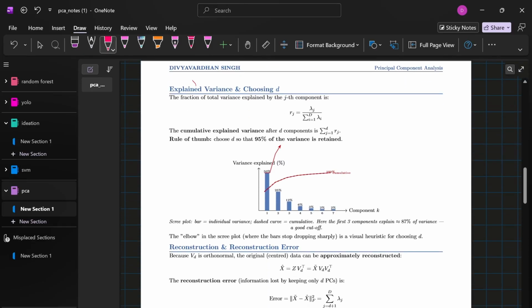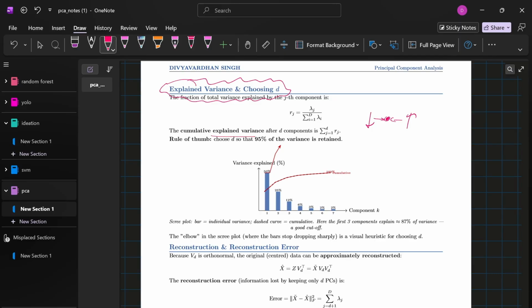Okay, so here we're going to see how PCA actually works and how it keeps the data. This is super important, because if you keep too few, you'll lose information, and if you keep too many, then you're not really compressing anything. So PCA gives you a very clear answer via something called explained variance. Every principal component explains a certain percentage of the total variance in your data.